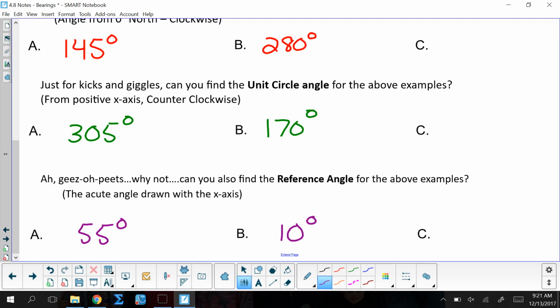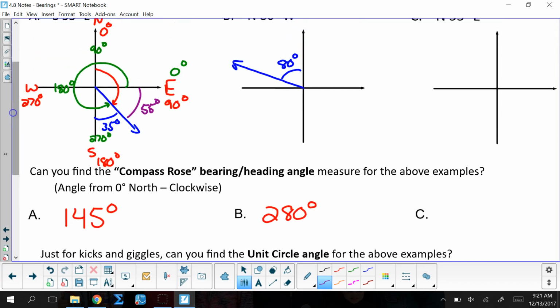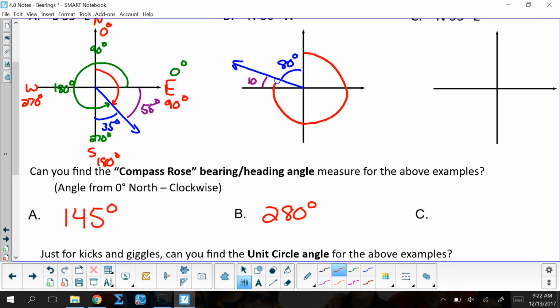The reference angle one? Reference angle comes off of the horizontal, which is just that one right there. Compass rose comes off of north, goes this way, 90, 180, 270, plus 10 more gets me 280.